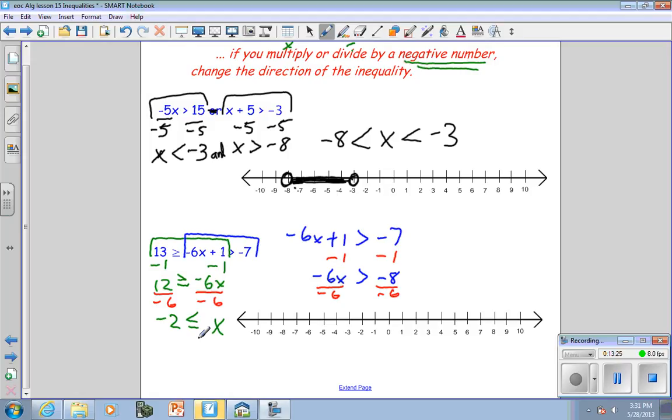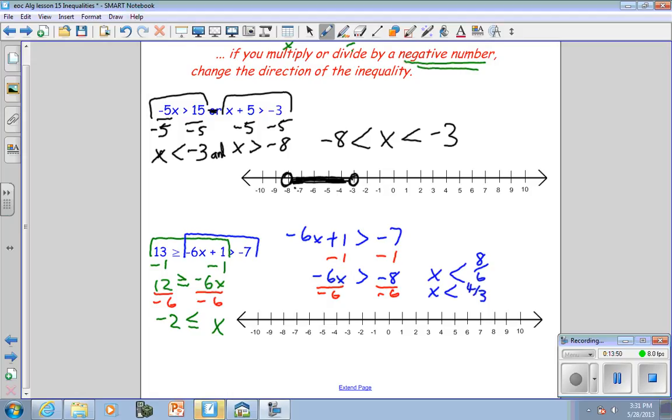And so now I'll write my result. On the left, I get x. I switch the direction because I'm dividing by a negative. And then on the right, I get a positive 8/6. Some of you know that to be 4/3, so we can simplify that to 4/3.